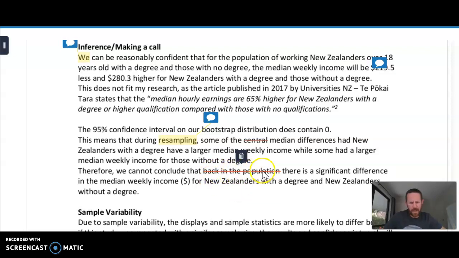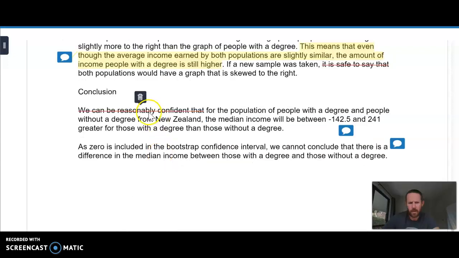You don't have to talk about back in the population, actually just refer to the population, whoever that might be. Again, another minor point, instead of the number 0, use the word zero. I saw that a few times. Try to shorten up sentences where possible, and don't start with a we, because that's first person.